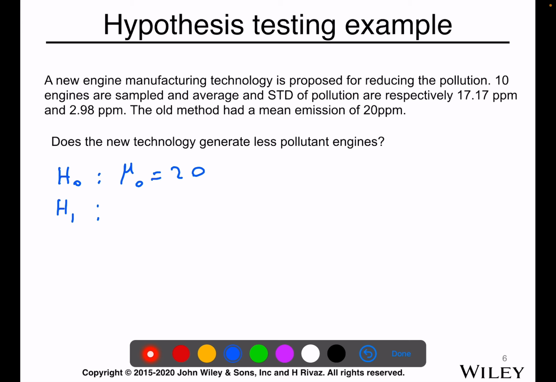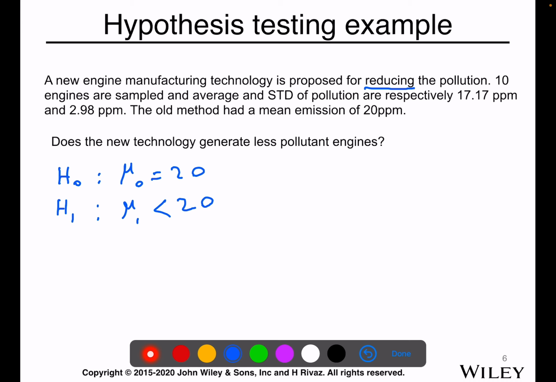Basically the question says we are trying to reduce the pollution, and that's why we generated this new engine manufacturing. So mu1 will be less than 20. So we want to decide whether the null hypothesis is correct or the alternative hypothesis is correct.